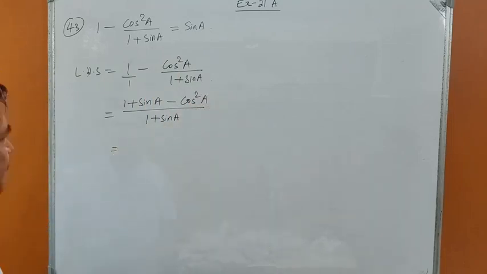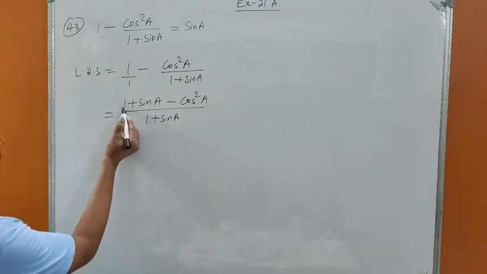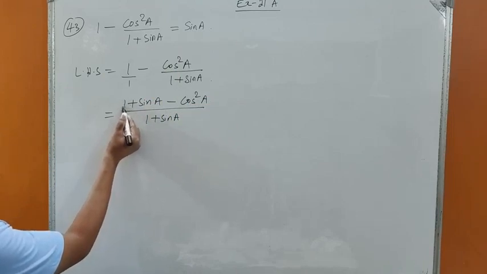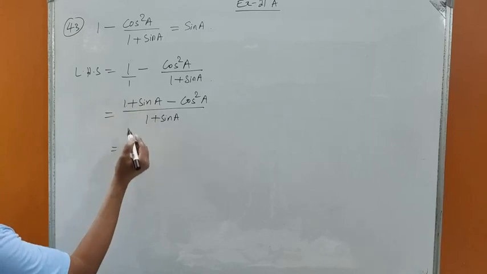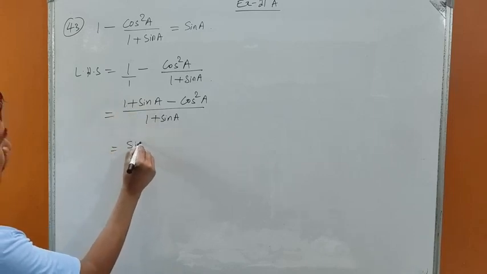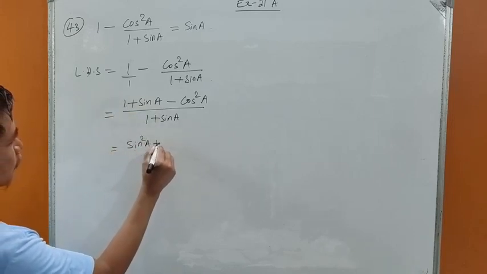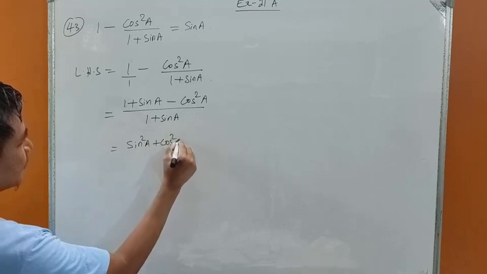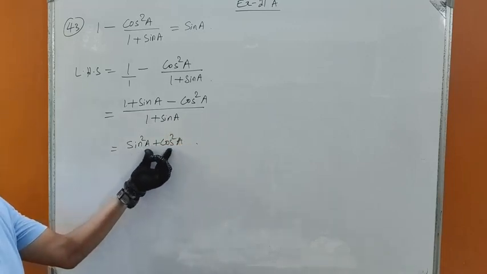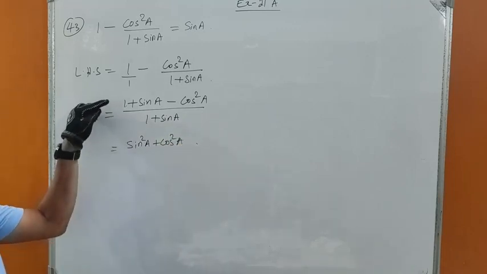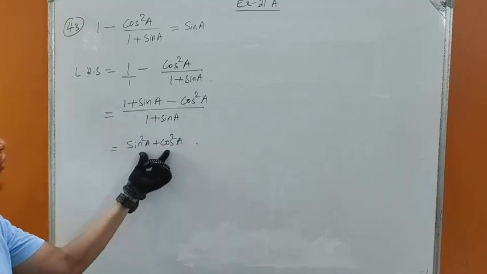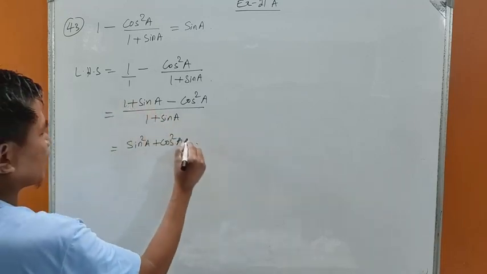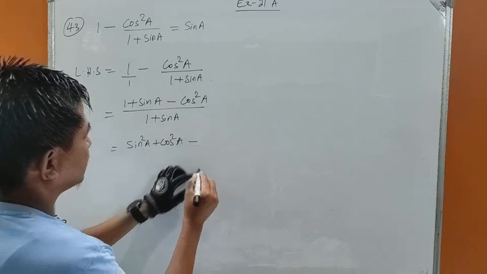Now this 1 means sin square A plus cos square A, isn't it? 1 can be written as sin square A plus cos square A. Are you getting me? Sin square A plus cos square A means 1. So instead of 1, I am writing sin square A plus cos square A. So this plus sin A comes here as it is.